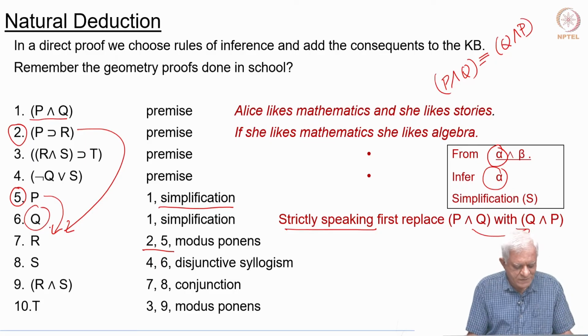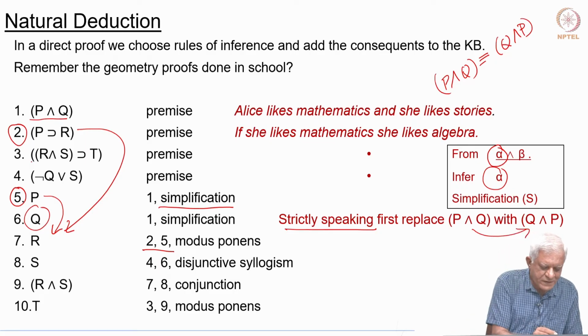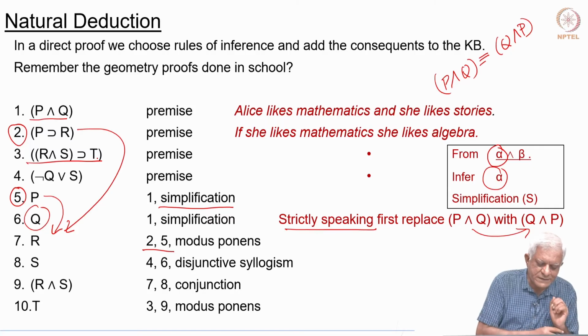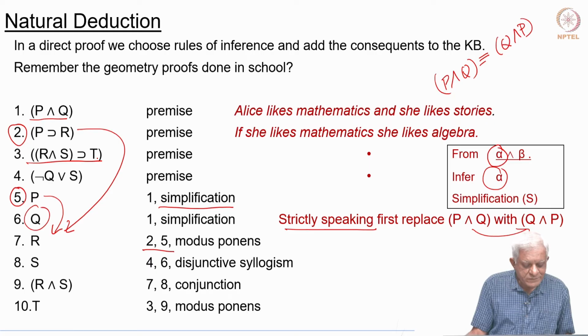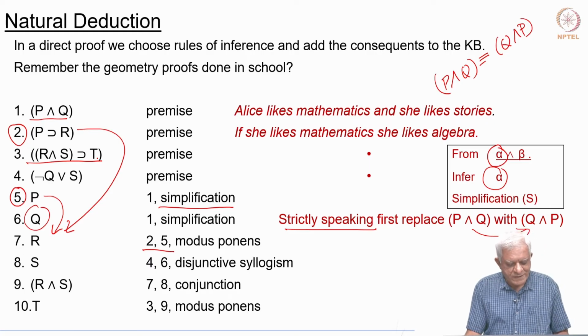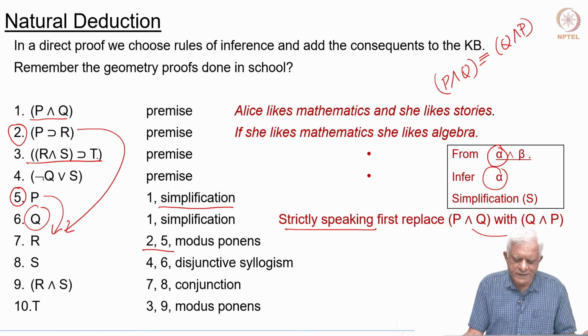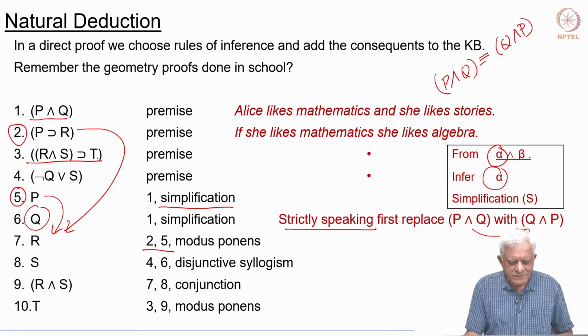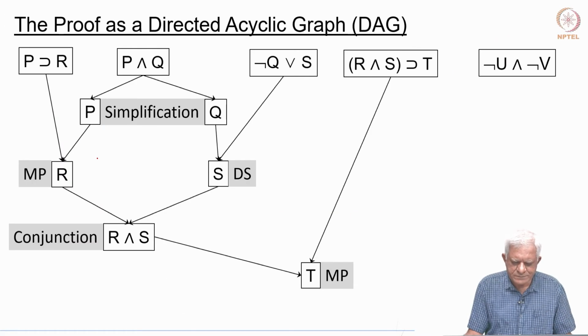So, therefore, R and S is given to us, and then finally, we can use this statement number 3, which says that R and S implies T and therefore, we can infer T using modus ponens again. So, this is the natural reduction style of proof or the direct proof that we often have been using during our study of maths in school and beyond.